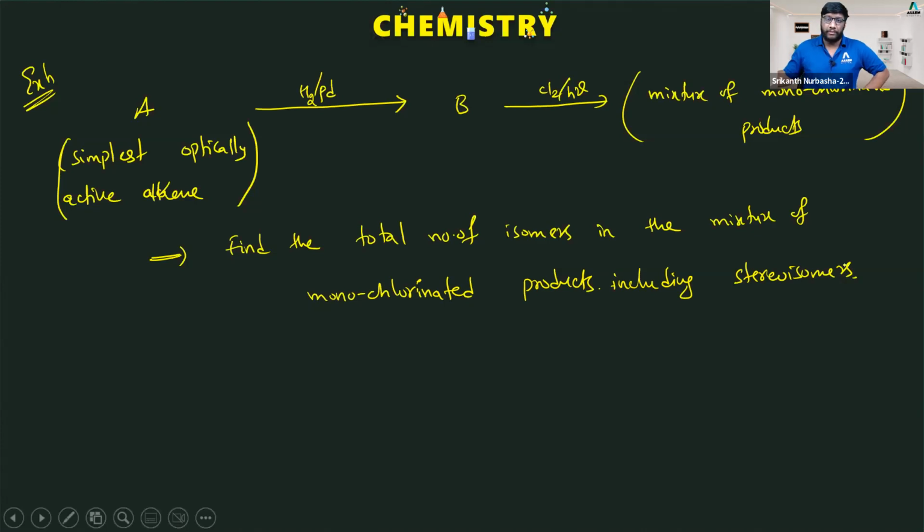Try to solve this, all of you. A is the simplest optically active alkene treated with H2 in the presence of palladium, got B. B treated with Cl2 in the presence of hν, produced a mixture of monochlorinated products. We have to find out the total number of isomers in the mixture of monochlorinated products. We'll solve this example and then proceed with E2 elimination.